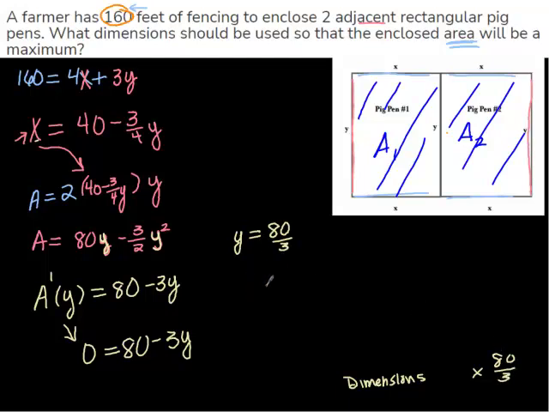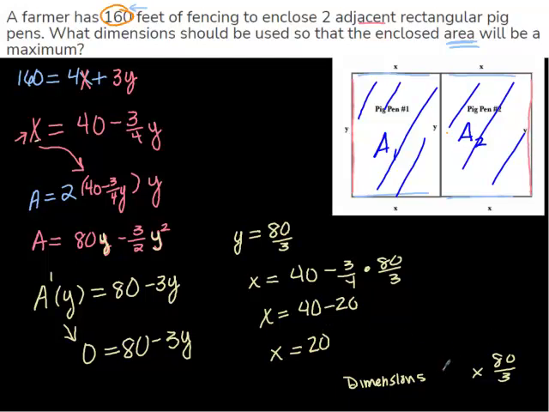So I'm just going to go back here, and I'm going to take this from up here, where x is equal to 40 minus 3/4 times 80 thirds. If you clean all of this up, you get x is equal to 40 minus 20. x is equal to 20. So dimensions are 20 by 80 thirds.